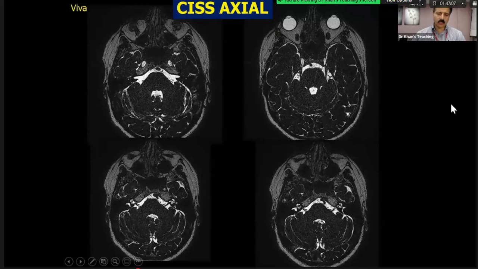And what is this structure? I call it the flower, by the way, because it looks like a flower. Don't call it a flower in your exam, but I call it a flower. So what is this flower? The cochlea, in the right ear. Cochlea. Right? So what is this?